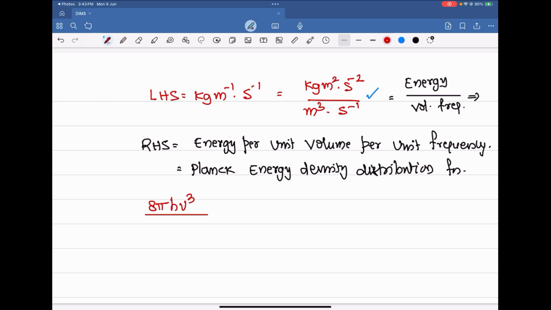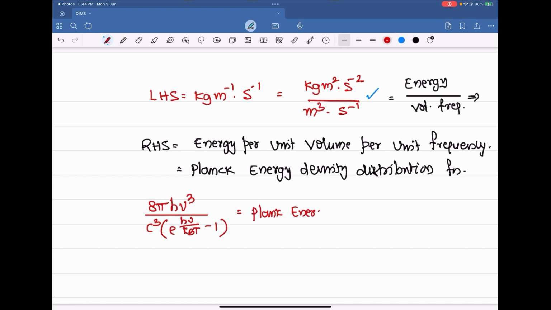I will teach you further. C cube into e to the power of h nu by kbt minus 1 is equal to Planck energy. Why we have called energy per unit volume, per unit frequency?